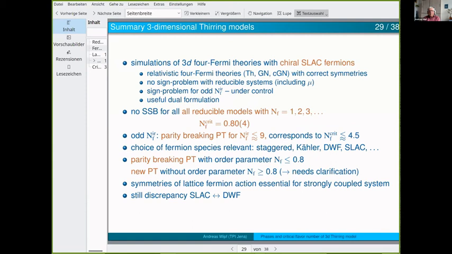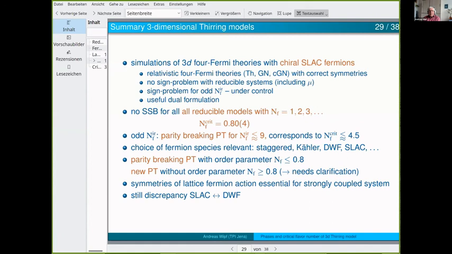We also simulated Gross-Neveu to calculate critical exponents, and Gross-Neveu for completely different reasons, to study inhomogeneous phases. We use the SLAC derivative, where we always implement the correct symmetries. For many models, we have no sign problem. And if there's a sign problem, we can use a dual formulation to handle it.